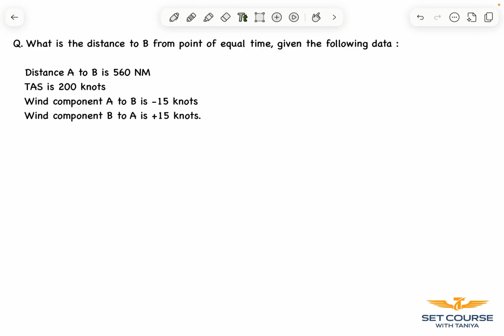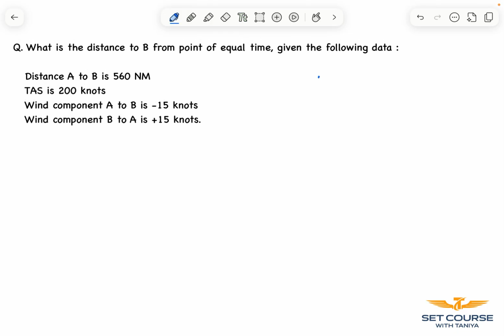So now let's take one more numerical example, the format of which is being asked in the DGCA examination. The distance from A to B being 560 nautical miles. Our TAS is 200 knots. The wind component from A to B is minus 15 knots.